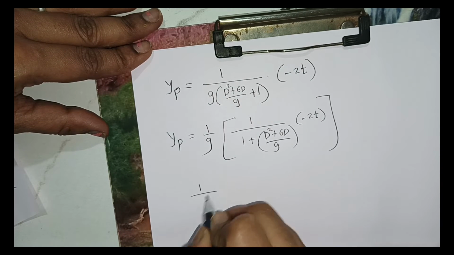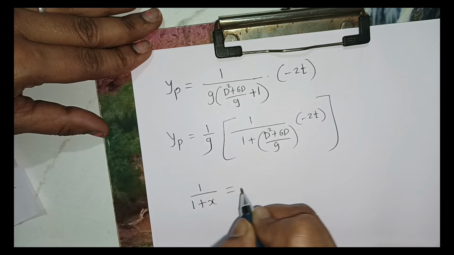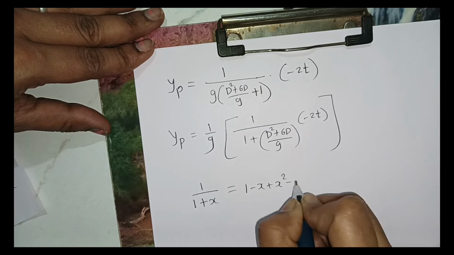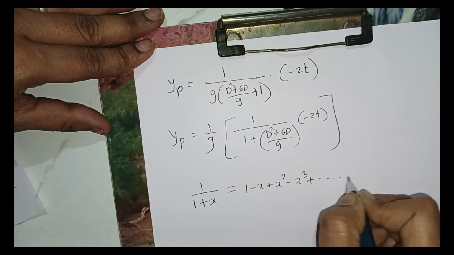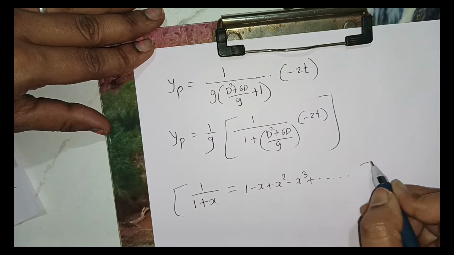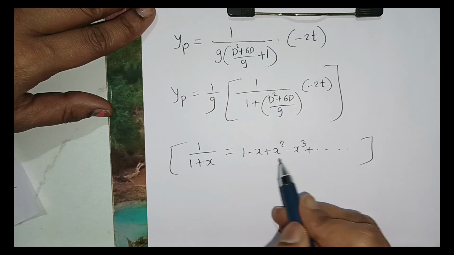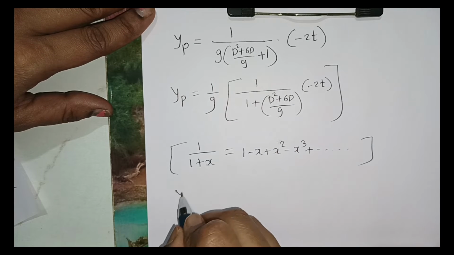Now for the formula 1 by 1 plus x, we know that it is equal to 1 minus x plus x square minus x cube plus and so on. This is the formula we are going to use. Now replace x by this D square plus 6D by 9 in this formula. You will get the required expansion.